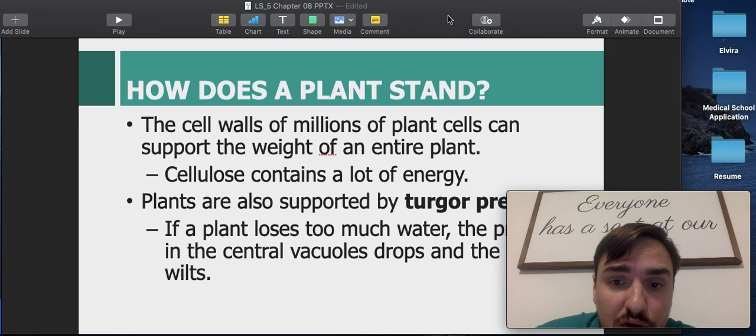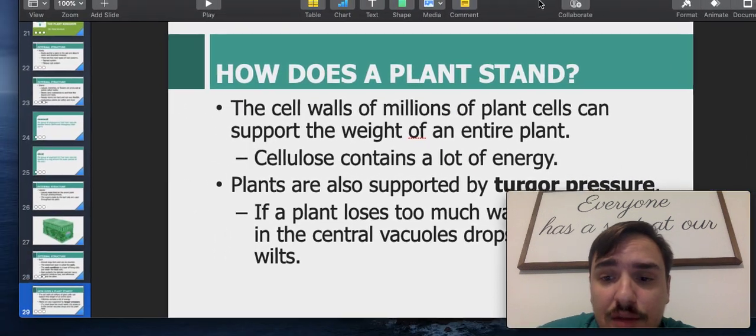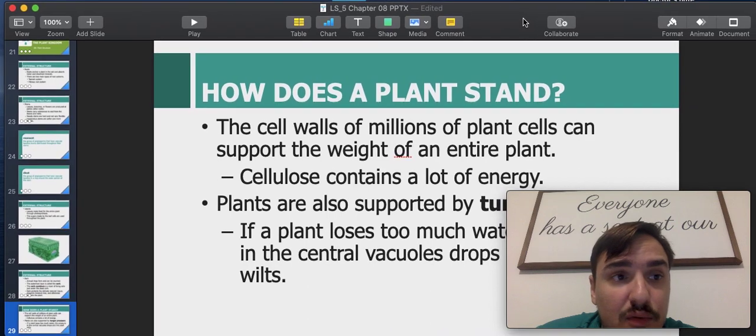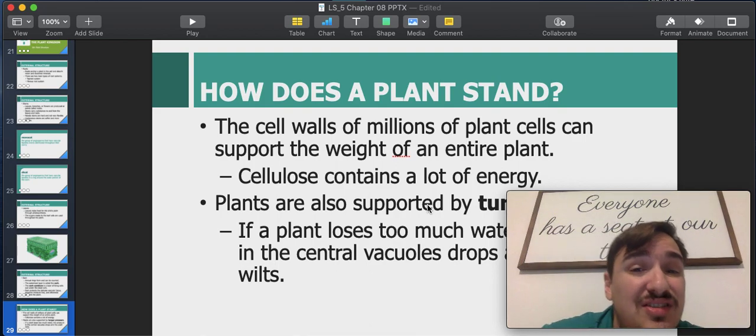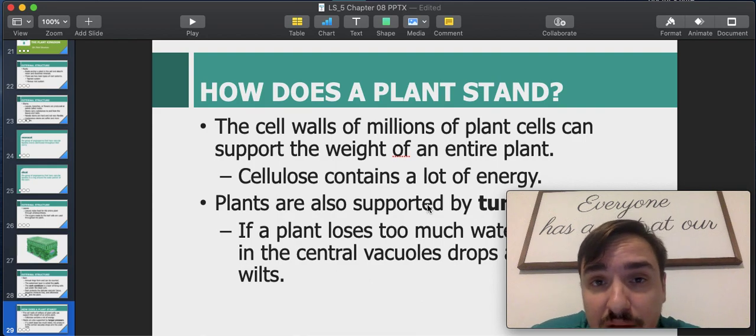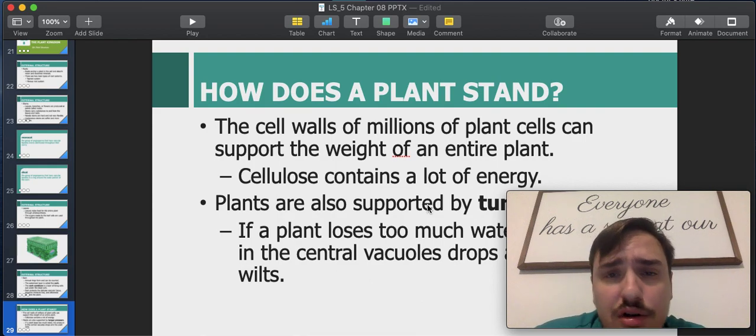Now, plants are supported by turgor pressure. Turgor pressure is what we illustrated in the past when I talked about a water balloon. Inside each cell of the plant, there is an organelle called the central vacuole that gets filled with water, starch, sugar, and other things, but mainly water.